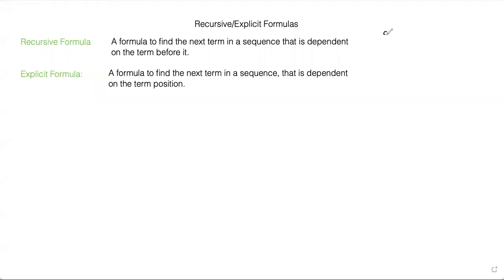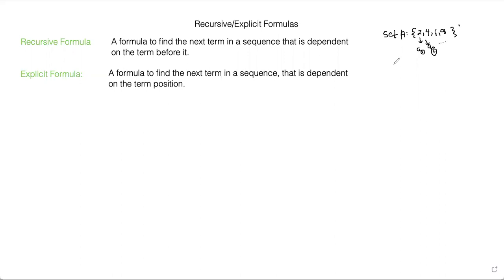Say we have set A, and say you have 2, 4, 6, and 8, right? So basically, 2's term position would be A1 or just 1. 4's term position would be A2 or 2, and so on and so forth.